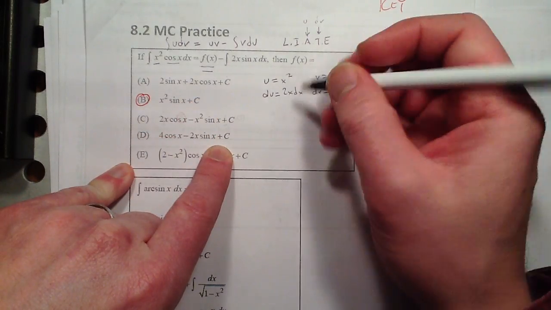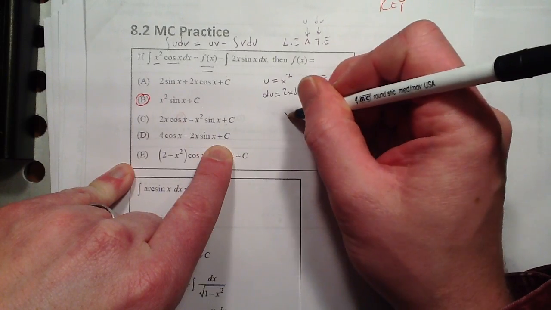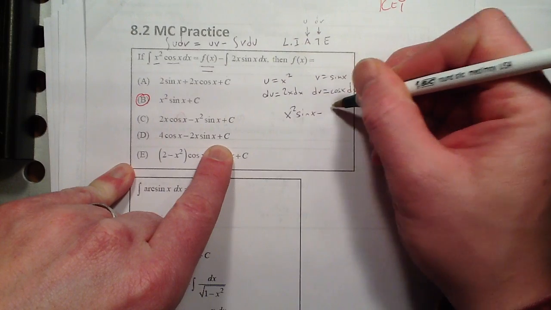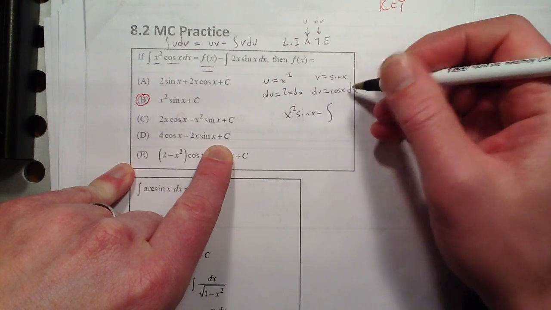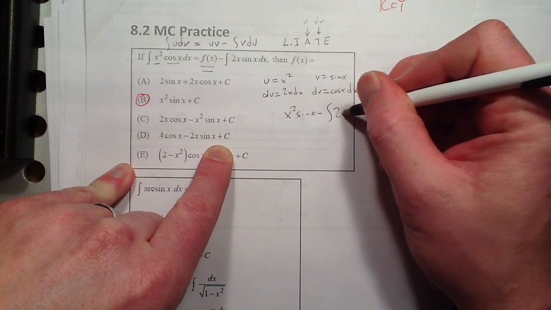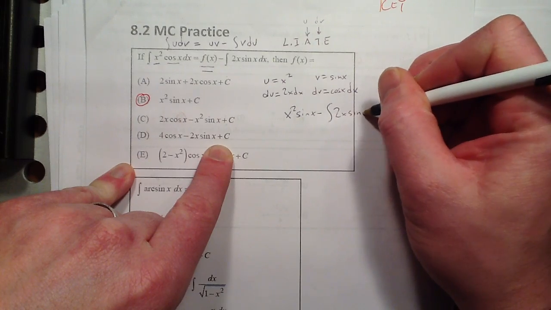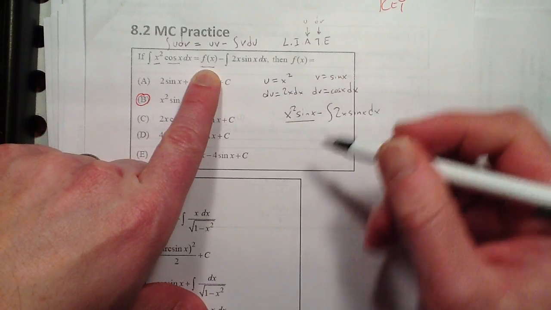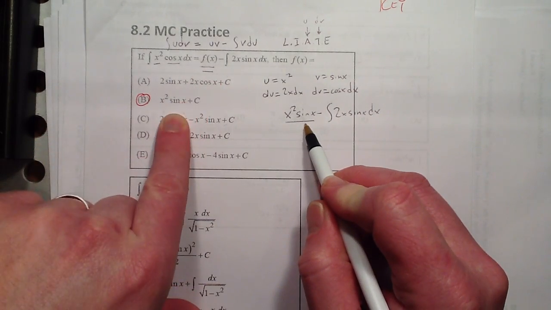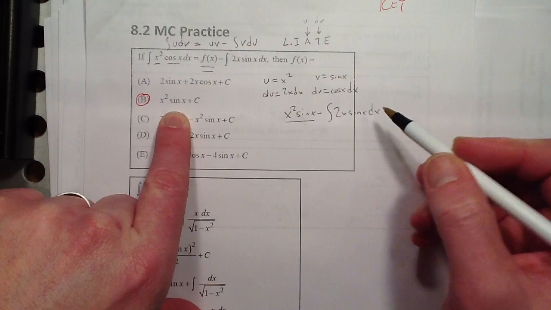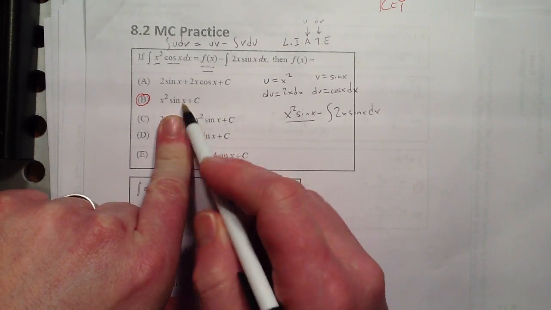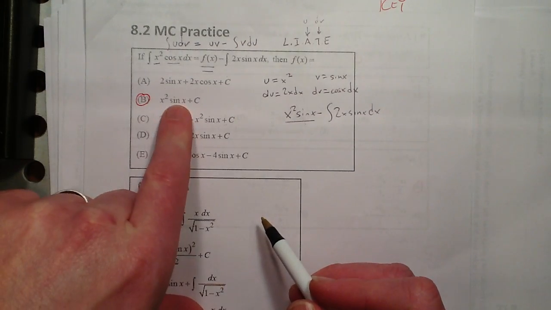So rewriting, uv would be x squared sine x minus the integral of v du, that would be 2x sine x dx. And there you can see there's our f of x. So that would be x squared sine x. And eventually when we evaluate this, there would be a plus c, so they put the plus c in here. But there's our x squared sine x.